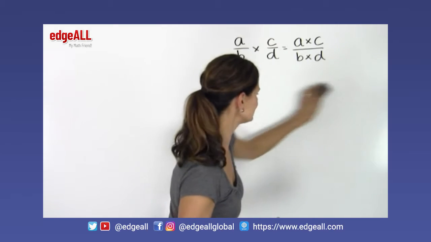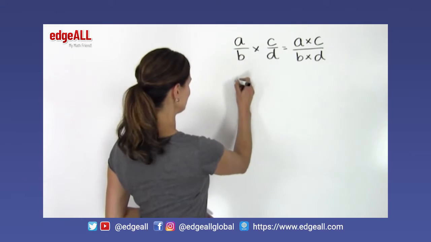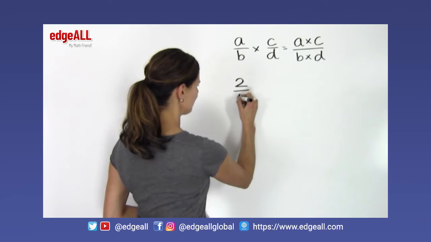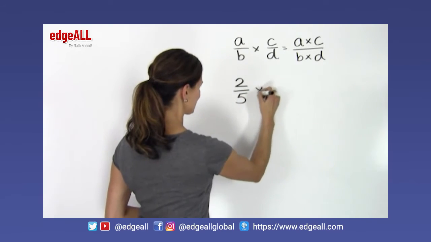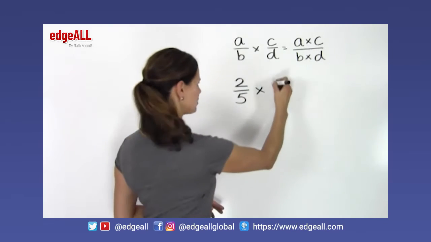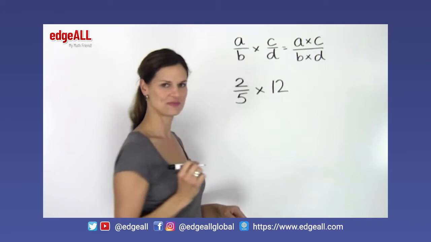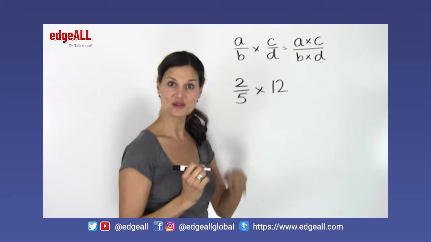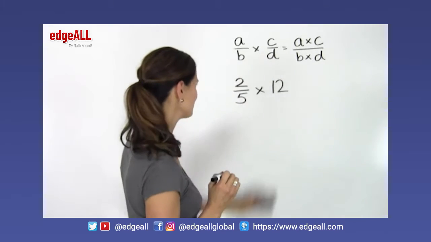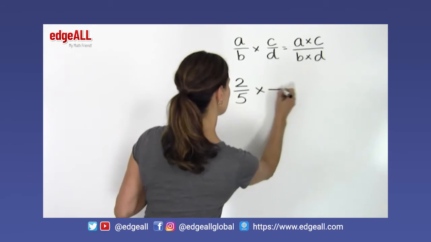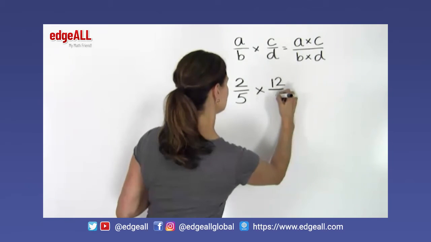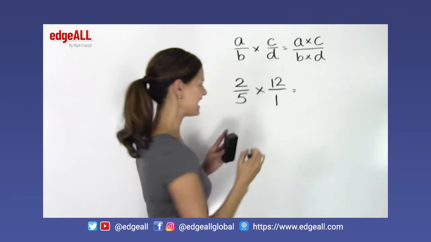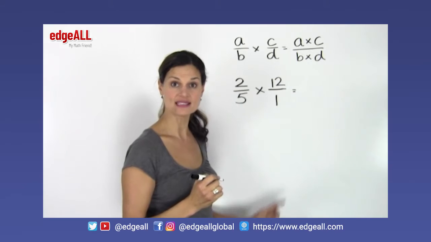We are asked to multiply together the fraction 2/5 times the whole number 12. So we want to take our whole number 12 and convert it to a fraction by putting it over 1. So just line these up here, 12 over 1. And then I simply multiply it across.